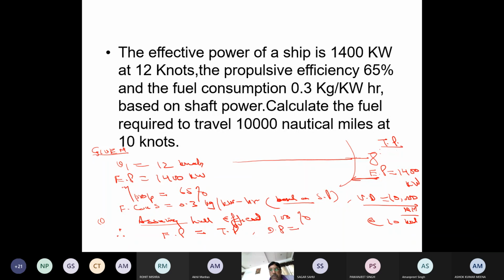So now I can calculate delivered power. Delivered power will be thrust power divided by efficiency. Efficiency 65% पता ही है, तो 0.65 से डिवाइड कर दो। Effective power was 1400 given. इसका मतलब है 1400 ही मेरी हो गई thrust power, क्योंकि no losses.